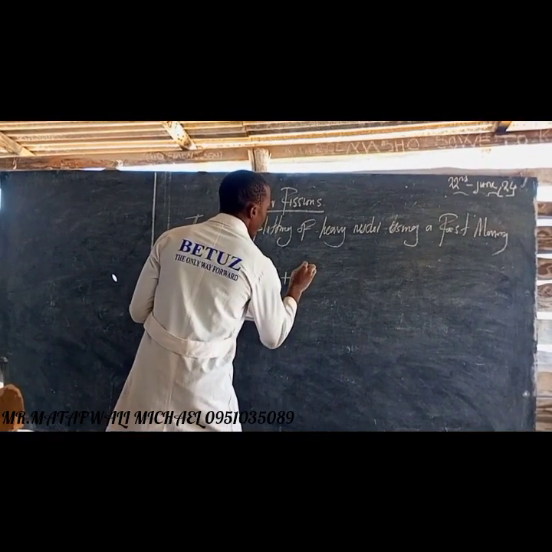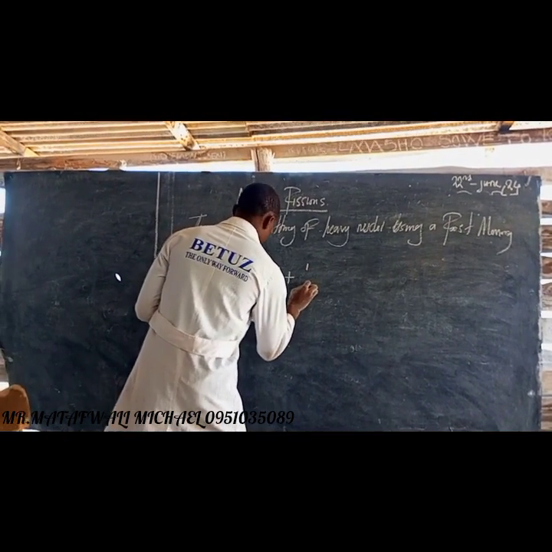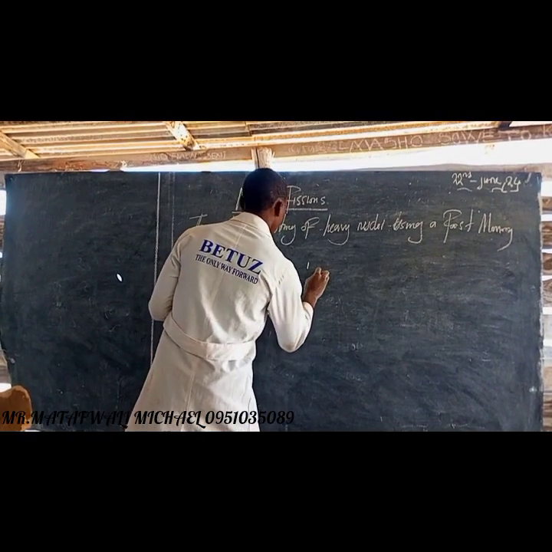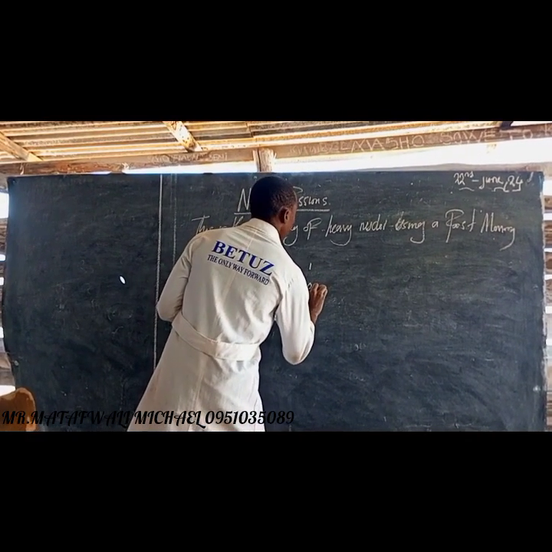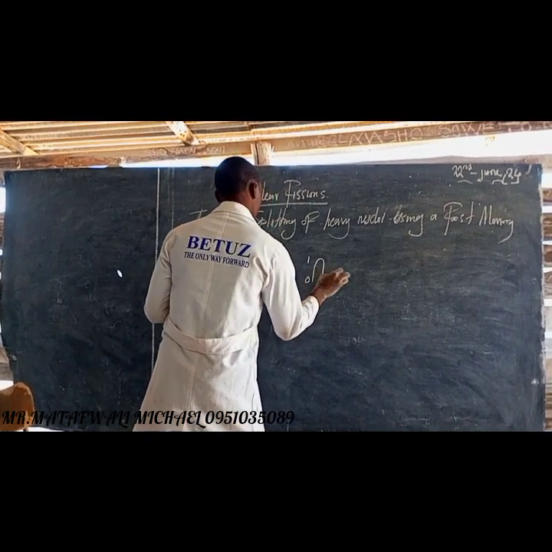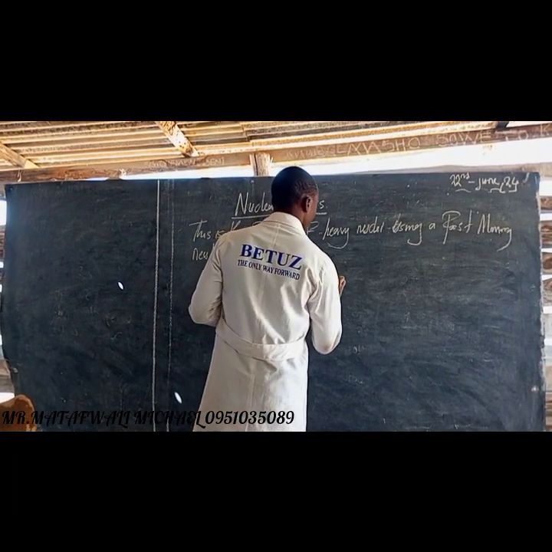A neutron has a mass number of 1, then 0 charge or 0 electron. That is why it is neutron. So this is the symbol of a neutron.